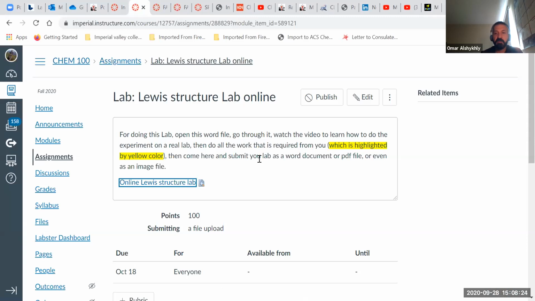Okay, now let's go back to our experiment. Go to the pre-lab, answer it. Then you will start with the formula for each molecule here. You will give for each molecule the Lewis structure, electron geometry, molecular geometry. Check whether the answer is the same as the website.